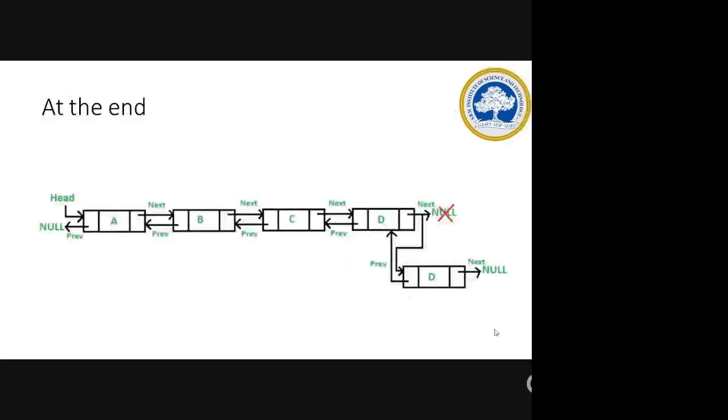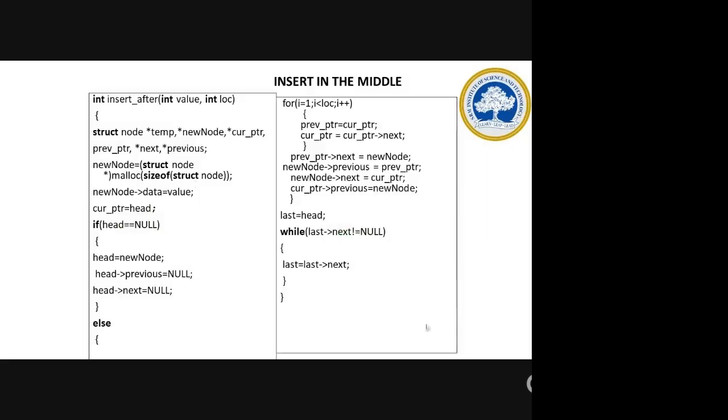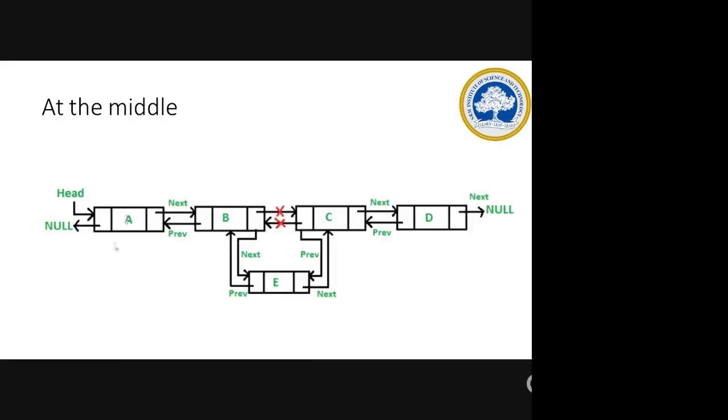So this is what happens when you insert at the last. Now insertion in the middle. For insertion in the middle, please recall your singly linked list, how we inserted. I'll show you this diagram. Now this I will be assigning with the current pointer. Now I'll check whether this is the location to be inserted.